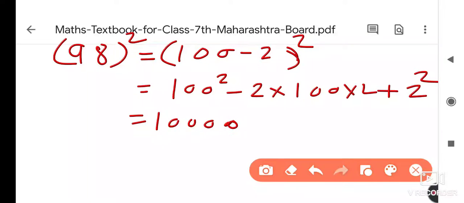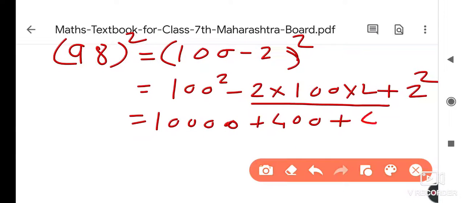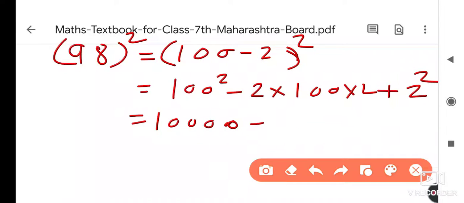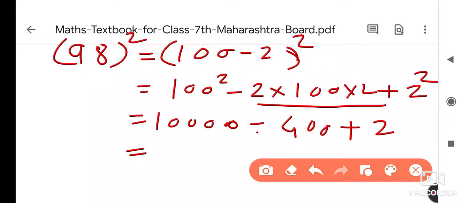So here 10,000 plus the multiplication of these terms, 2 twos are 4 and 4 into 100 is equal to 400, and plus 2 square is 4. Do the addition of this... sorry, subtraction we have to do. Let's do it. Here by mistake I wrote the plus sign, actually we have to take the negative sign here, and plus 2 square.